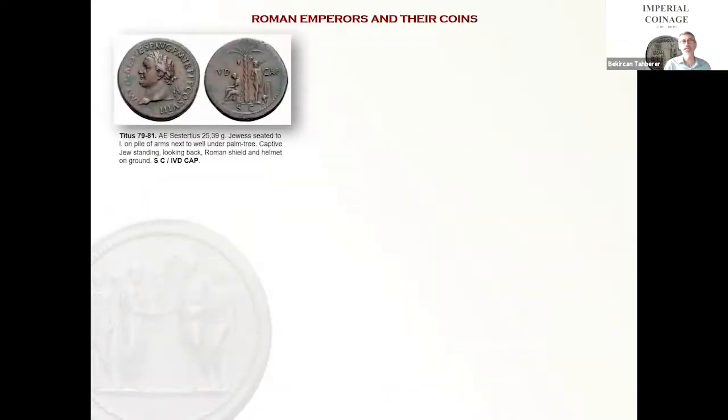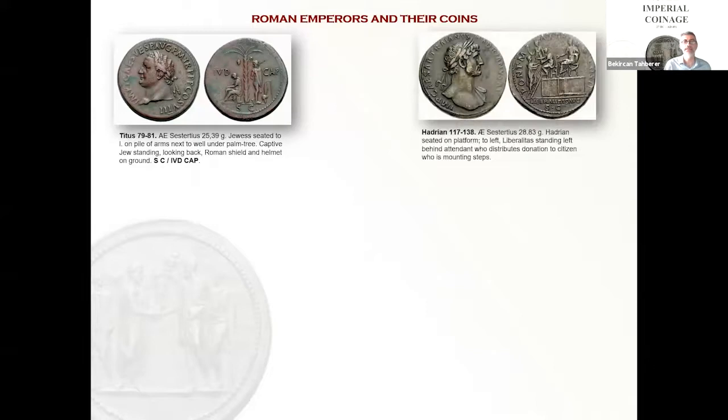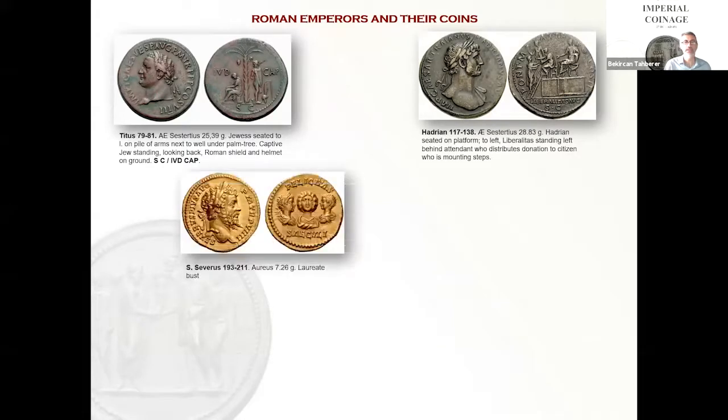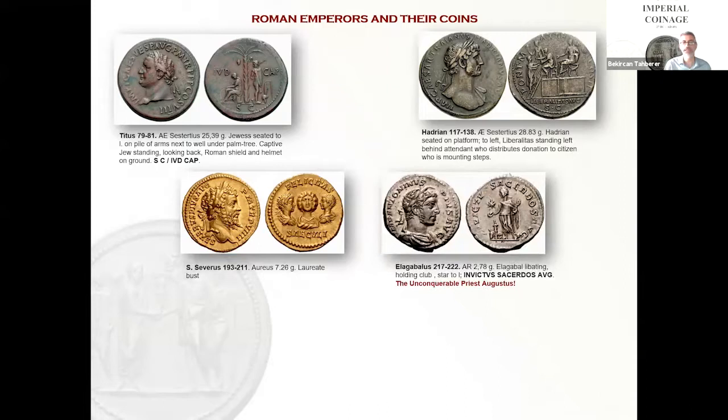On their coinage, they used every means to advertise their power. Titus simply says that he subjugated the Jews, and Hadrian says, I distributed money to people, and Septimius Severus boasts about his dynasty with his wife and 2 children.